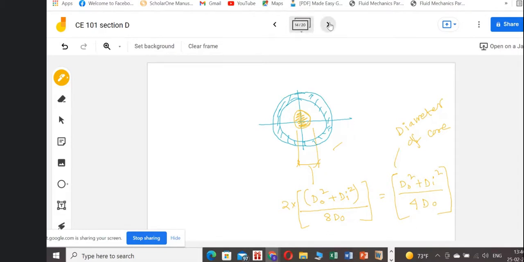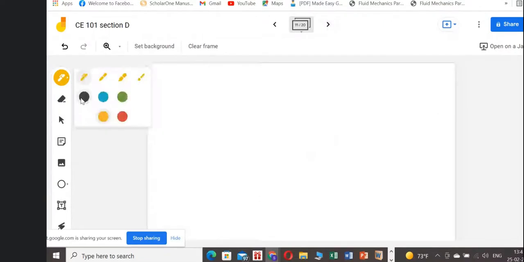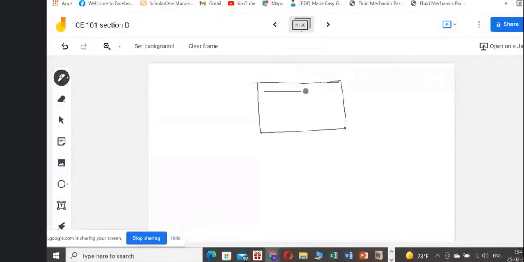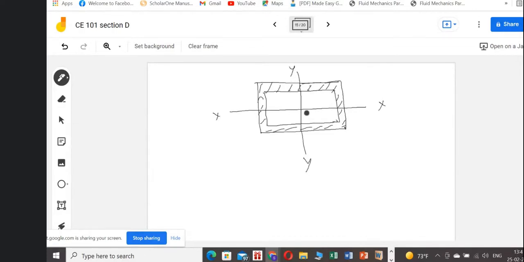Now coming to the last part of today's problem: if we have a hollow rectangular section, say this is x, this is y, and this is b.